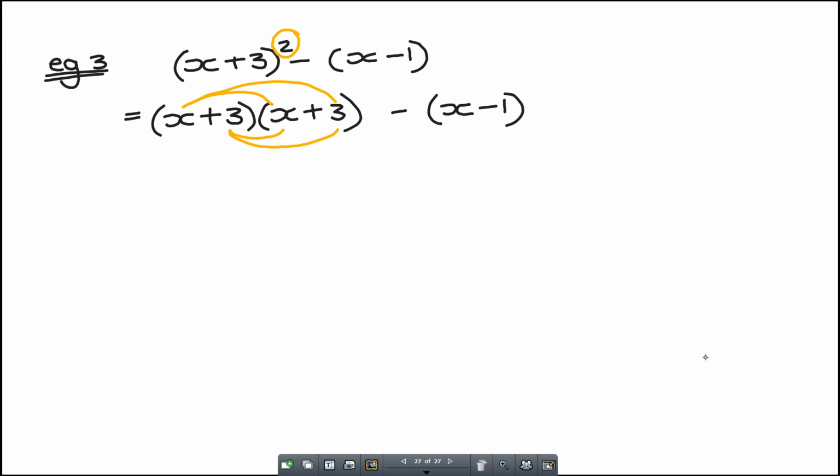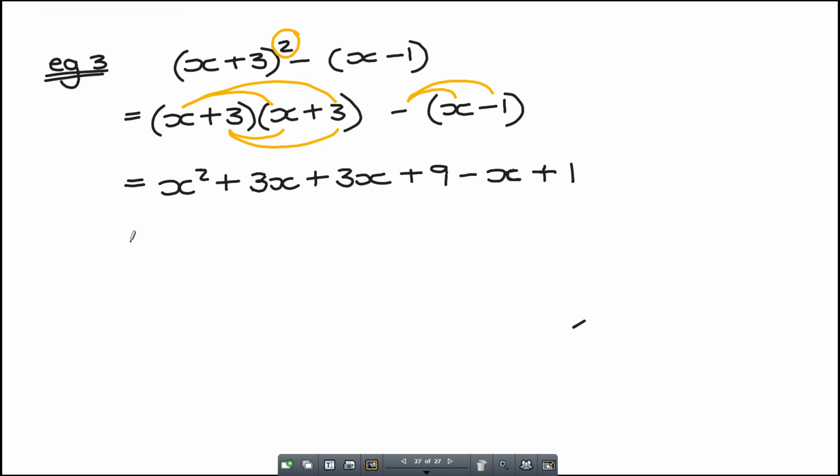Okay, so your answer here will then be x squared plus... and then plus 9. And now what do I have to do here? That also multiplies in. So minus x plus 1.